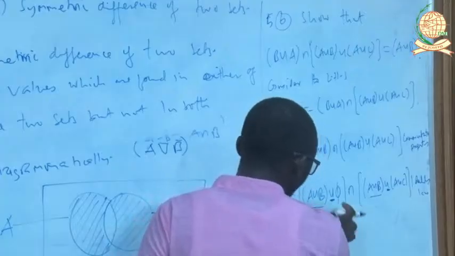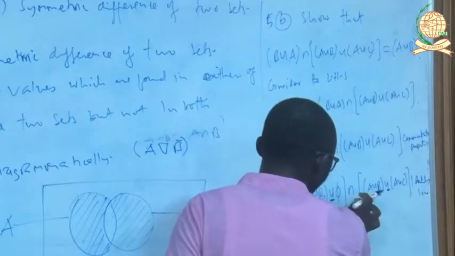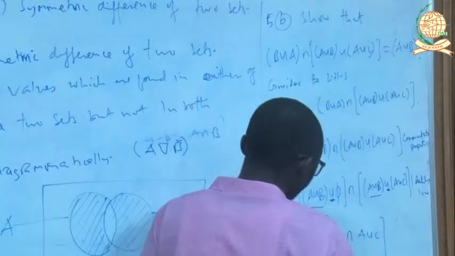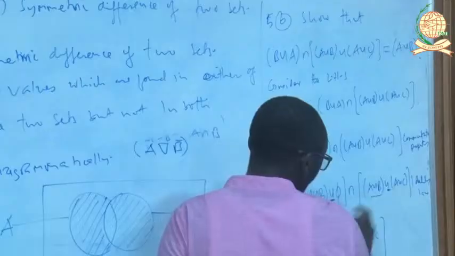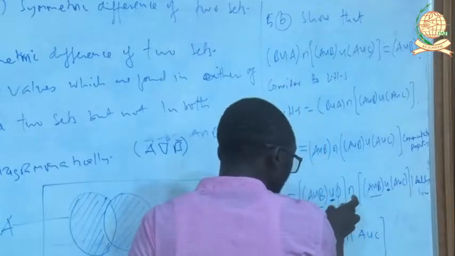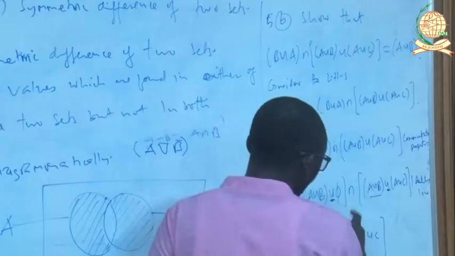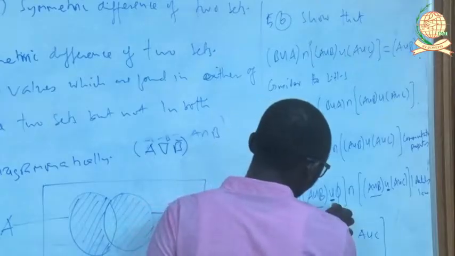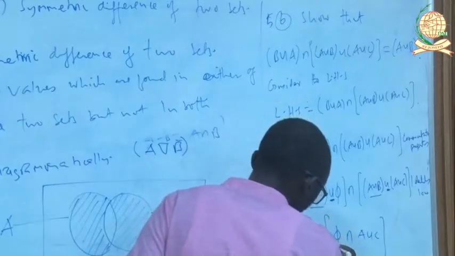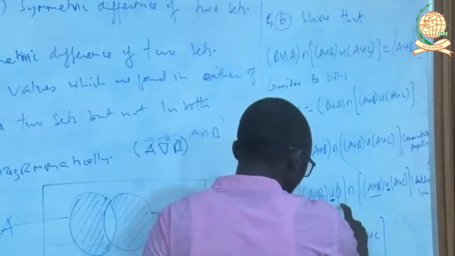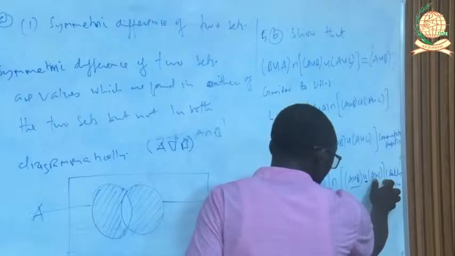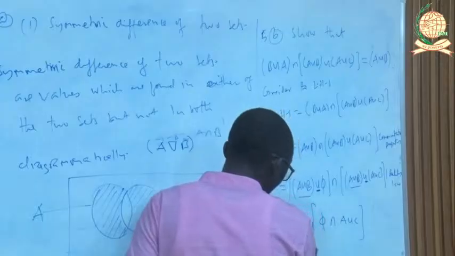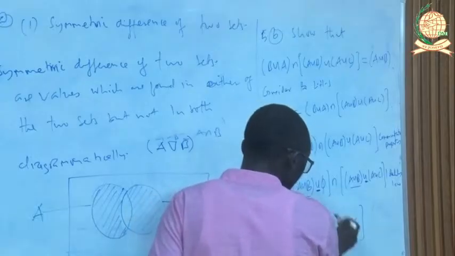And then you remain with the empty set intersected with the remaining A union C. Be careful, it is the empty set, not A union B, that remains. So we have the empty set intersection A union C. But you have to remember the operation of A union B: A union B is united with the empty set, and A union B is united with A union C, as it was before.